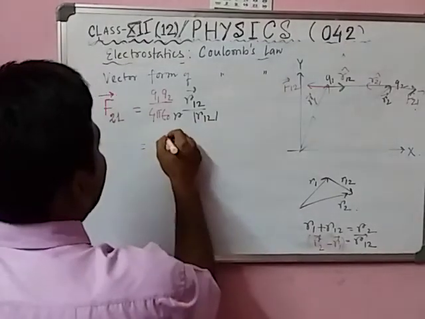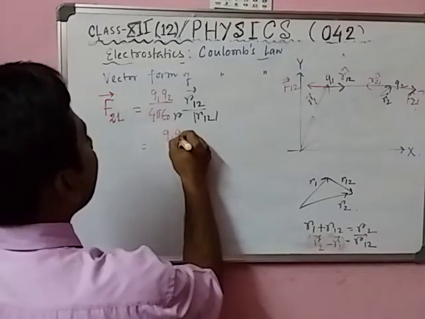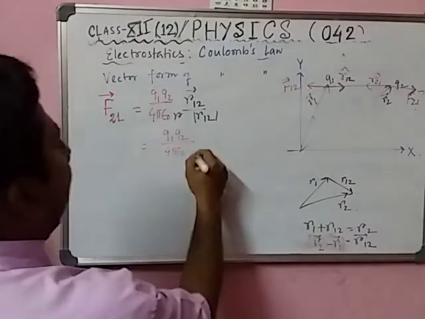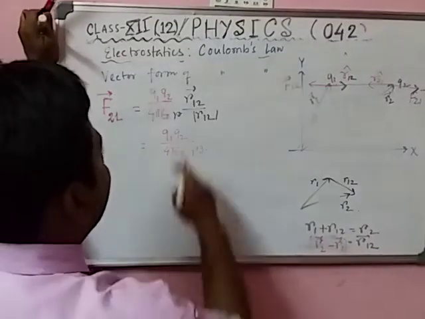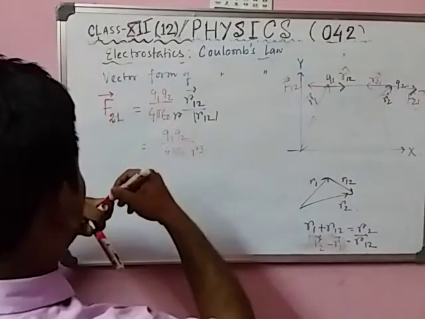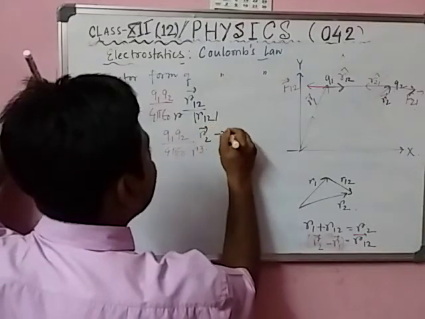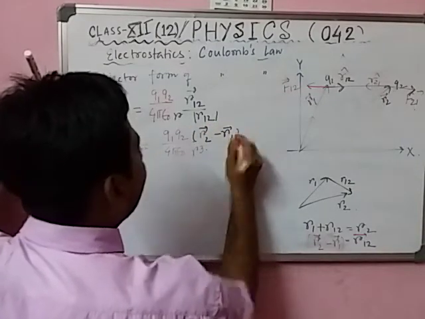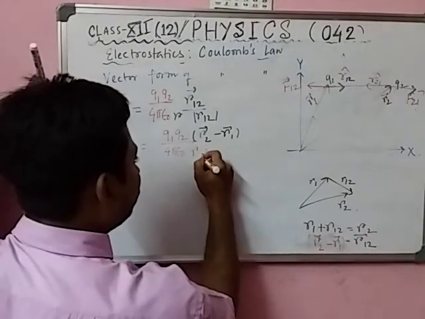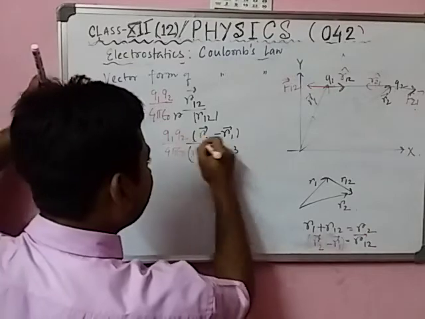So you can write Q1 Q2 by 4 pi epsilon naught R cube, and here R12 means R2 minus R1, and the value of R cube means mod of R2 minus R1 the whole cube.